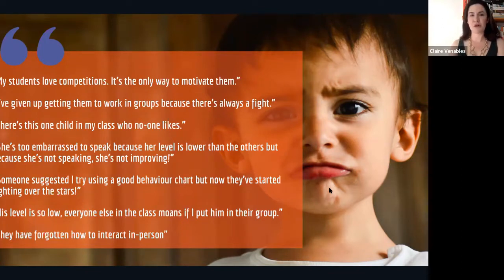Perhaps they're already self-conscious about their ability to speak in English. And if they're always feeling like they're losers, that's going to have a direct impact on their identity as language learners, and certainly on their willingness to participate and how they feel about themselves in general. And I think that this is really problematic.